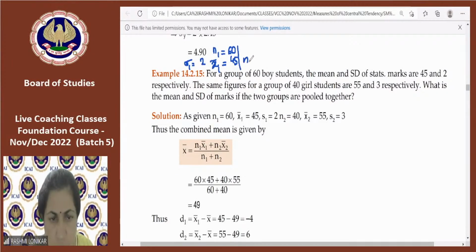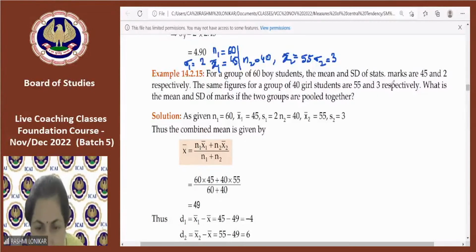Now N2 is equal to 40, there are 40 girls. X2 bar is equal to 55. And sigma 2 is equal to 3. So N1, N2, X1 bar, X2 bar, sigma 1, sigma 2 are given.